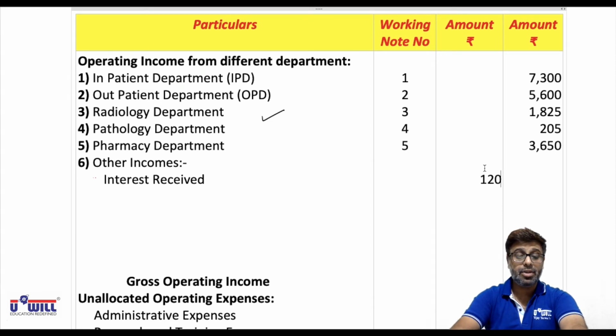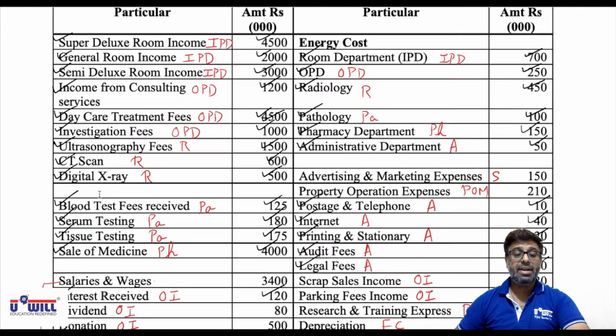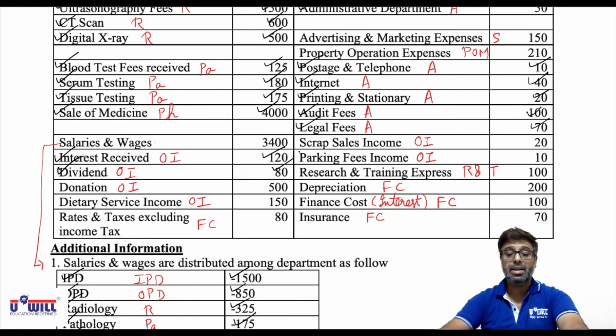Then after interest received, we have dividend income of 80. So dividend income will come 80 over here.